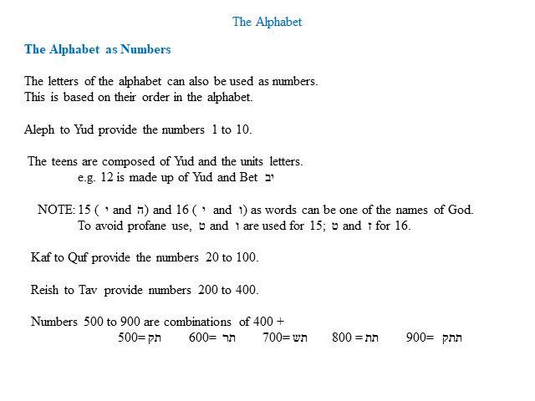Well, the numbers 500 to 900 are combinations of 400 plus, so that 500 becomes 400 plus 100, Taf and Kuf, 600, Taf and Resh, and so on, till we get to 900, Taf and Kuf, 400, 400, and 100. To get to 1,000, we go back to an Aleph or a Bet, an Aleph being 1,000, Bet 2,000, and so on, and these are used as prefixes to the numbers.